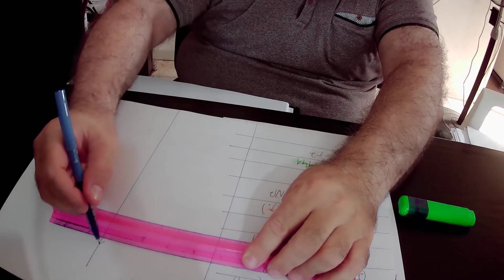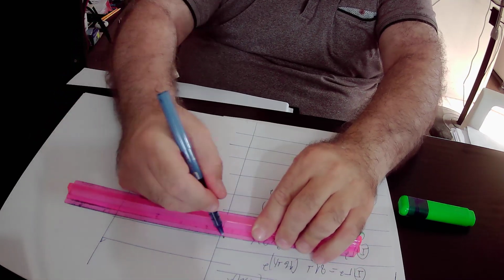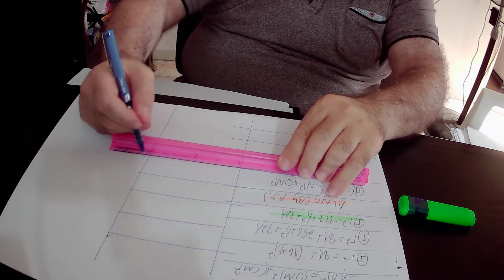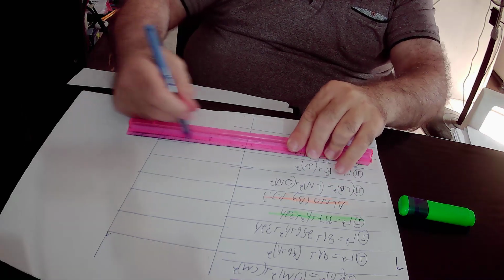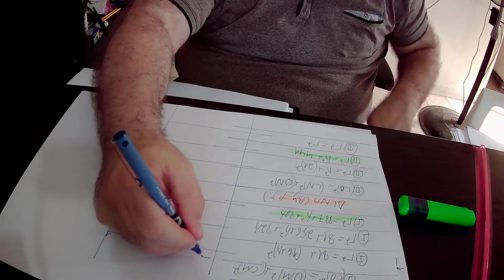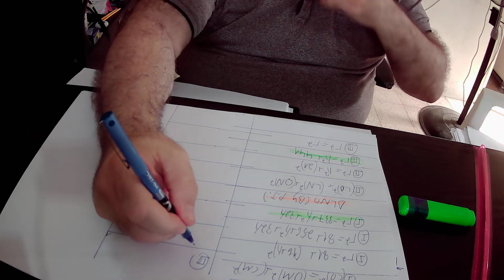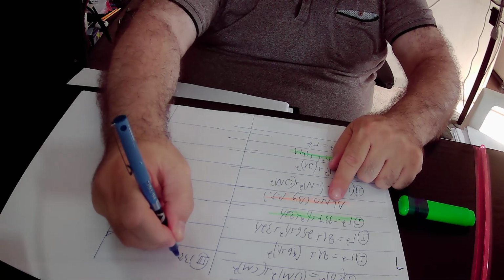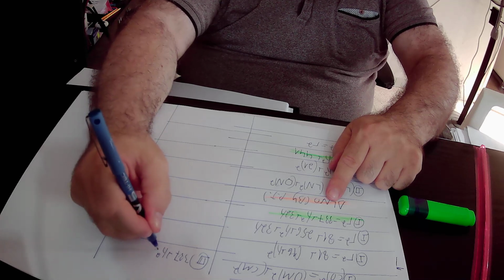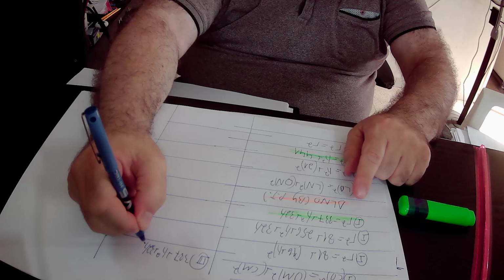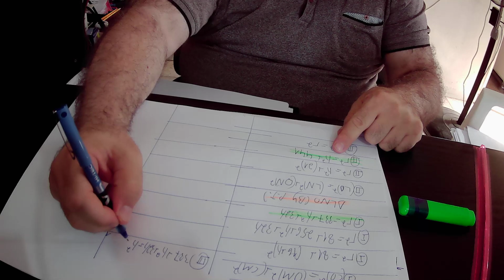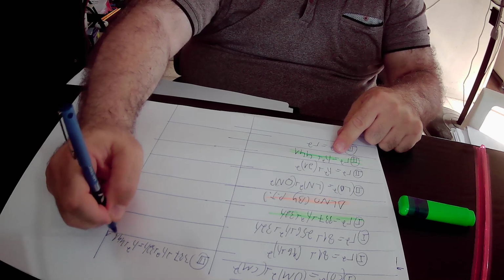So here, r square according to equation number 1 equals 337 plus h square plus 32h, and it must be equal to r square according to equation number 2, that is equal to h square plus 441.